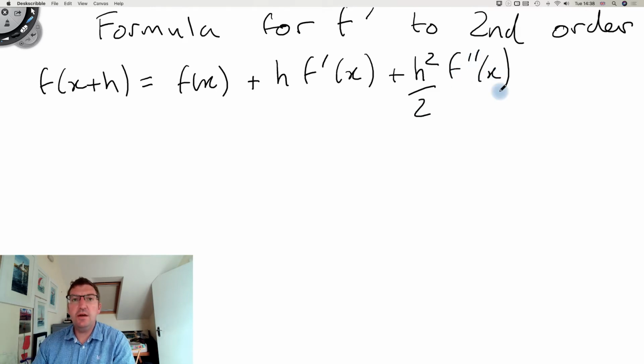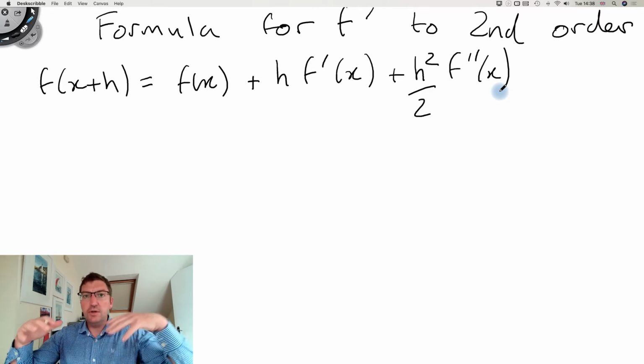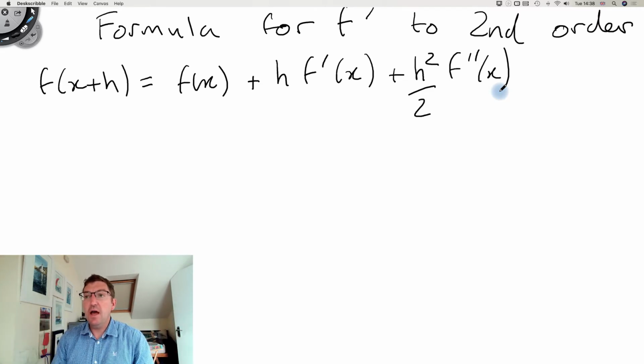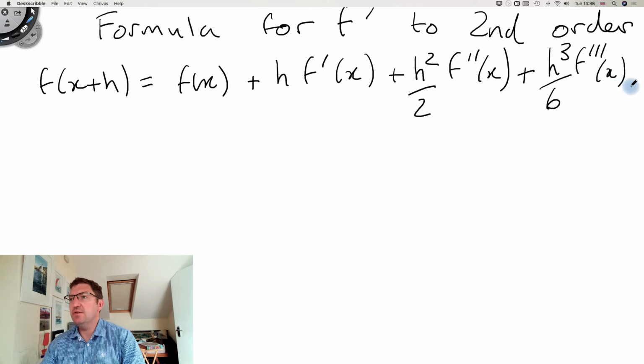Because we know that at the end we're going to divide through by h, we're going to expand up to the third order term, because we think this will form the second order term.